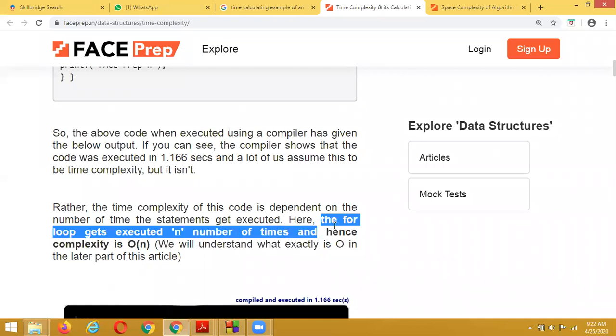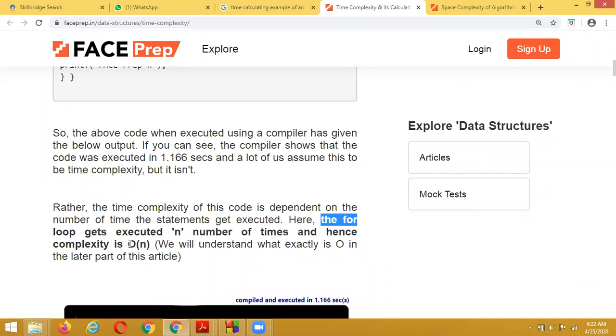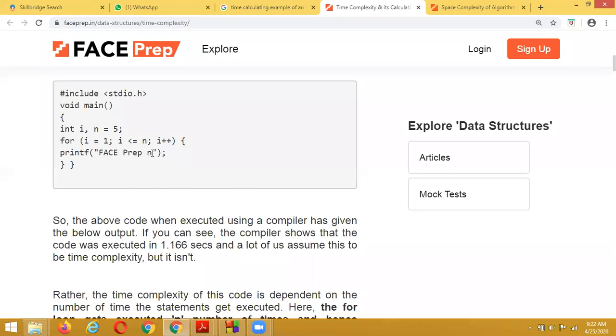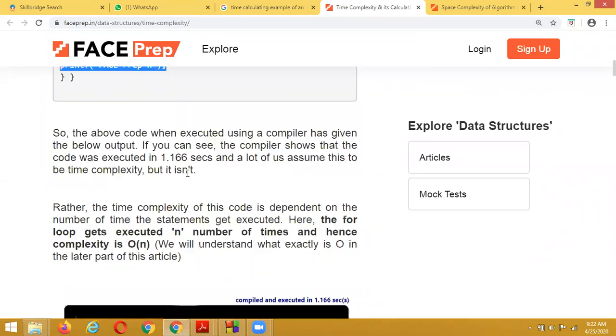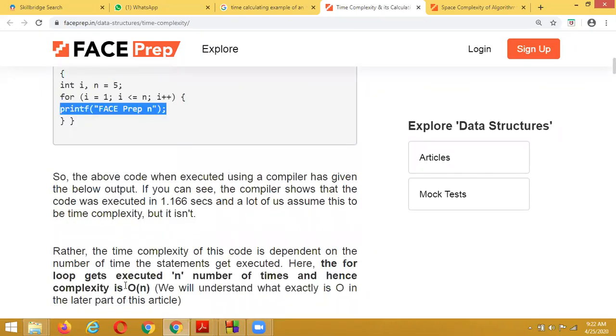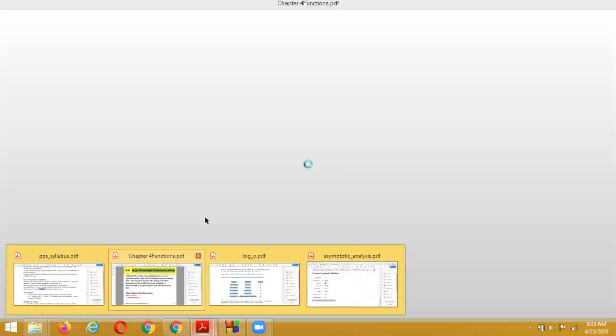Hence we indicate the time complexity as O of n. O of n is indicated for what?